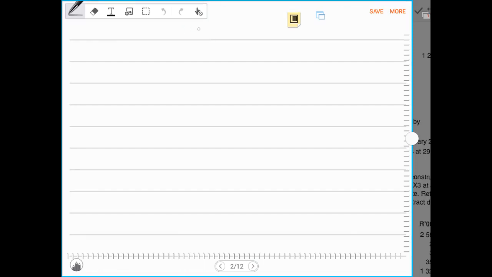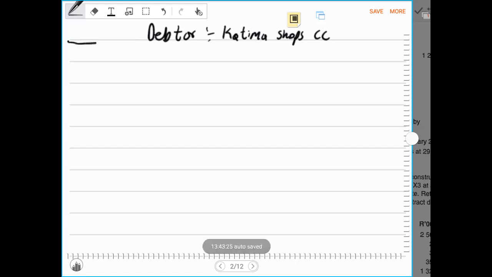We say debtor, but you don't have to say debtor. Sometimes they will say debtor, but sometimes they'll just write the name of the client: Katima Shops Close Corporation. Then we know that Katima is the debtor to us.